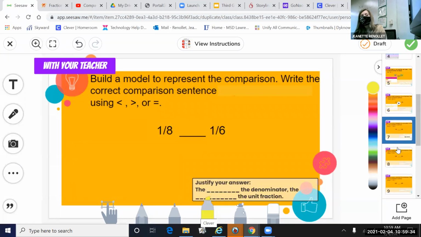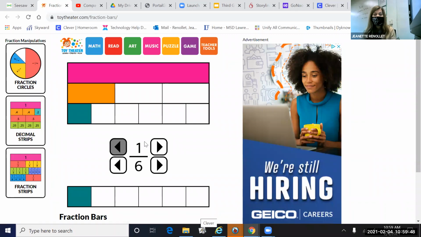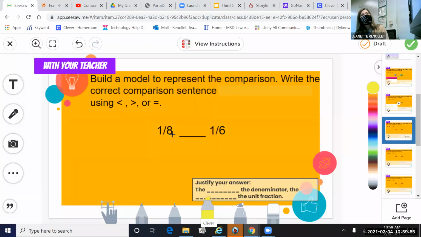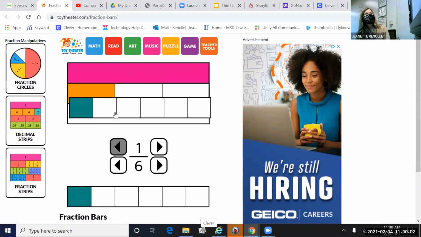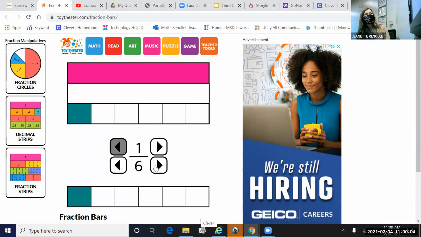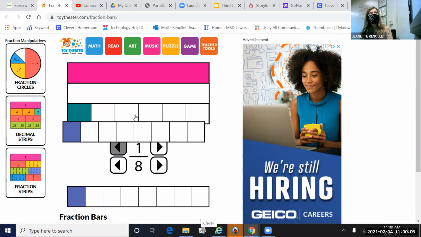I want you to go to slide number 7. Slide number 7. I want you to use the tool to show a model. You're going to use 1 whole, and then you're going to show 1/8 and 1/6. Oh, I already did 1/6. Perfect. And now I'm going to show 1/8.